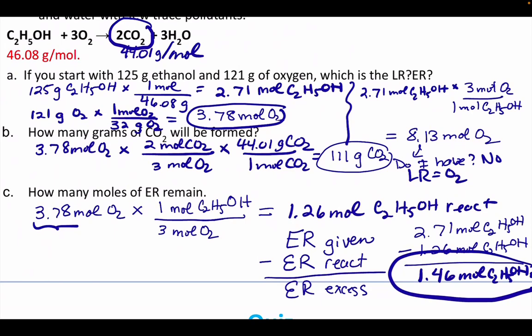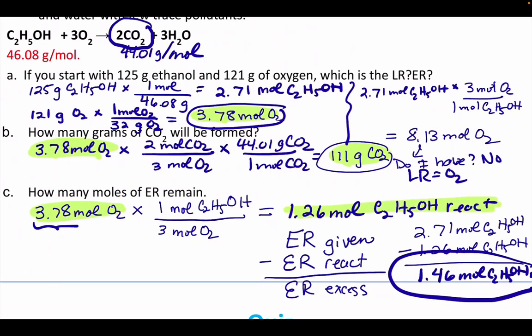Once I know the limiting reactant, then I start with that limiting reactant, and you can see I started with the limiting reactant here, and I got that here. So that is what's going to determine how much of the product I can make. It's also going to determine how much of the excess reactant will really react.